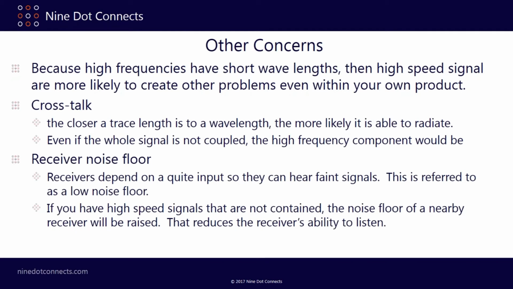If you have a receiver, and all these other signals, it's going to be a problem because a receiver depends on its front end being quiet so it can hear faint signals. This is referred to as a low noise floor. If you have all this other trash running around, these pulses coming from other high-speed signals, it's going to raise that noise floor and reduce the receiver's ability to listen.